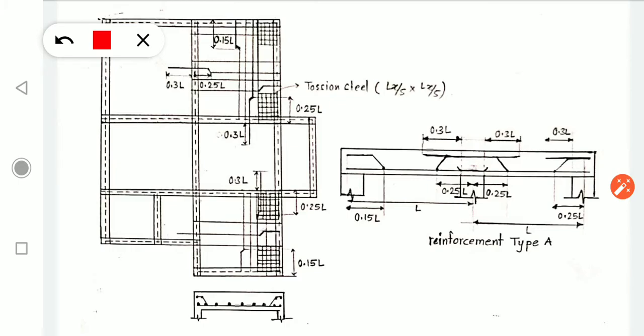Now your bent up bars also start from here, we will take from the other side now. Okay, so some bent up bars will be like this, and they will run over the complete span of your slab, right? Here it's an exterior support, so you should end it somewhere in the middle. You should end it by maintaining a proper cover D to it.